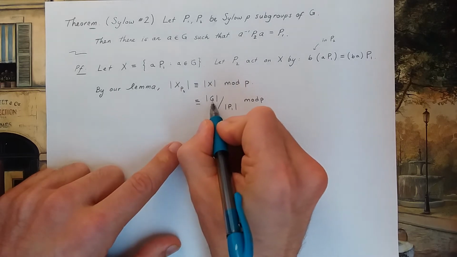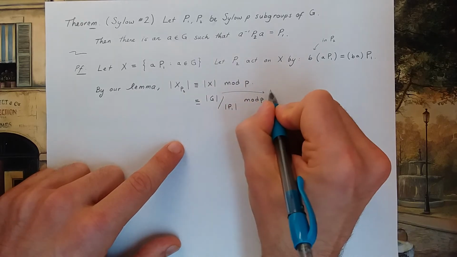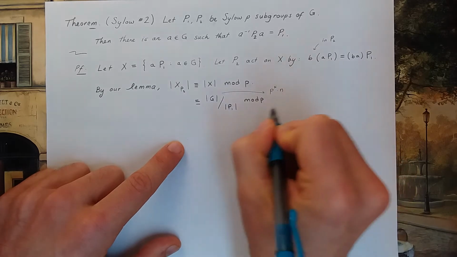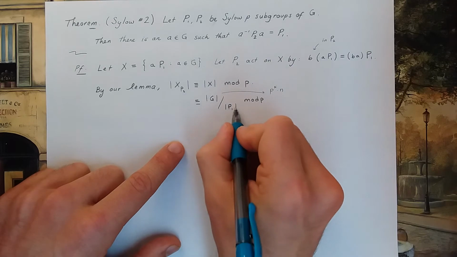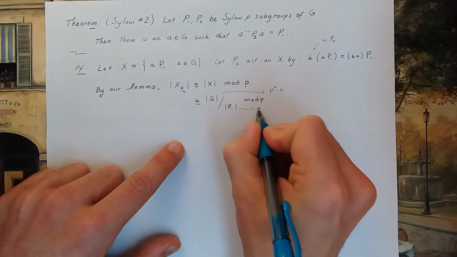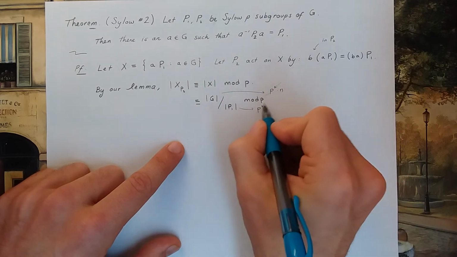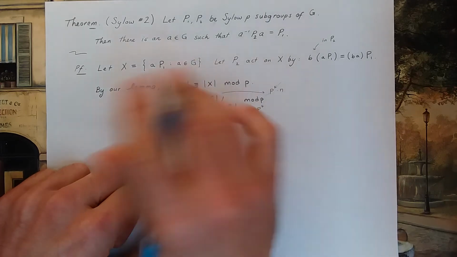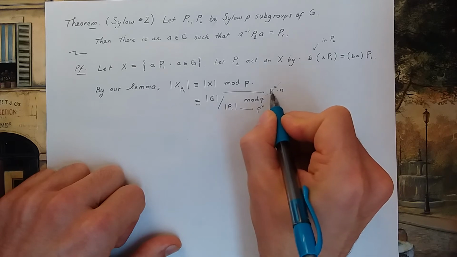So maybe the group has size p to the k times n, where n has no powers of p in it. But P1 has size p to the k. So when I divide these two things, the p to the k's cancel, and I'm left with an n that's relatively prime to p.